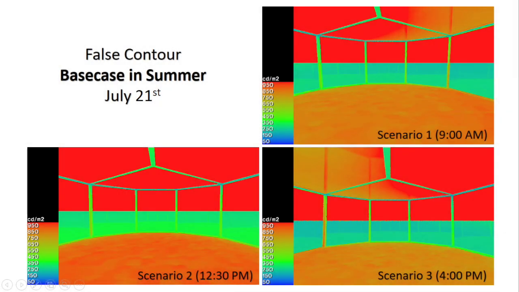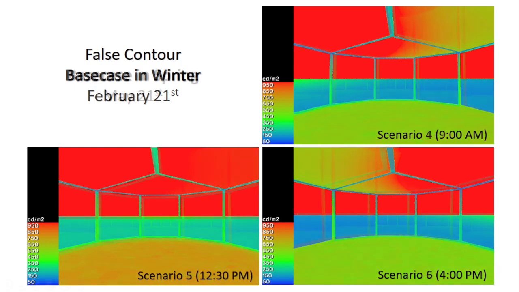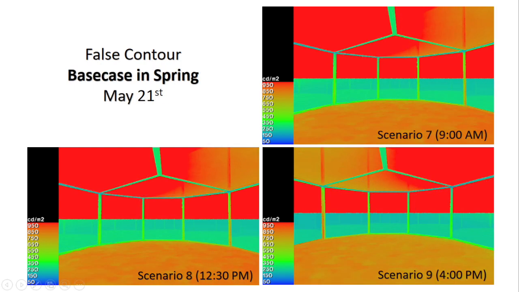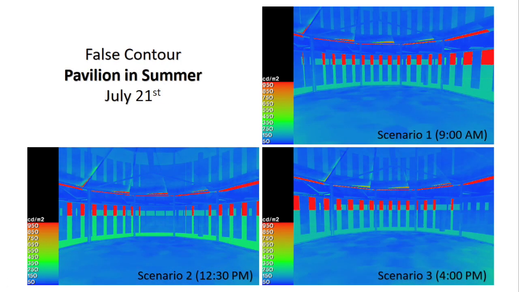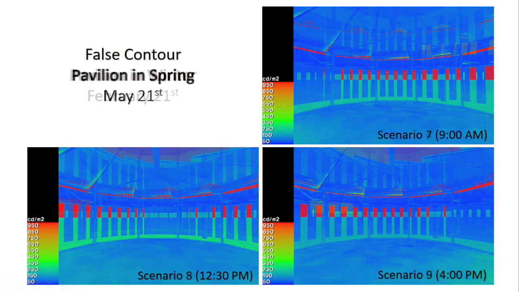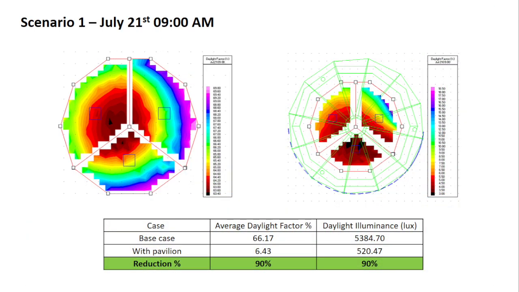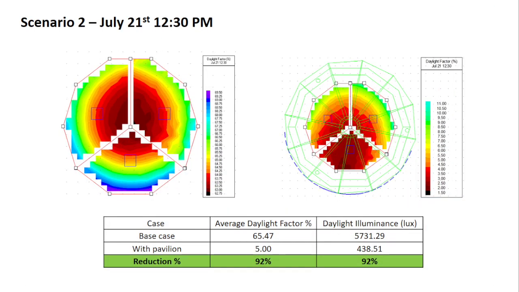The following part shows the daylight factor and daylight luminous simulation results. The images indicate the reduction in the daylight factor and the daylight luminous.